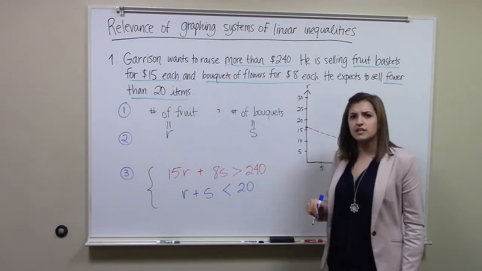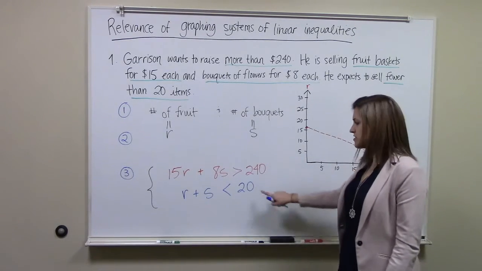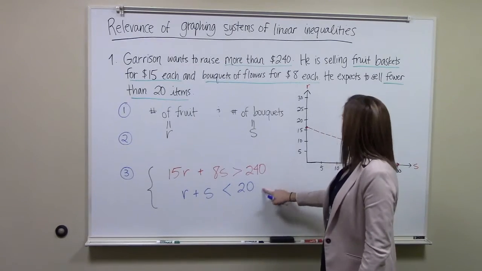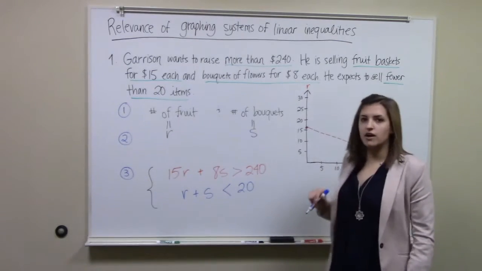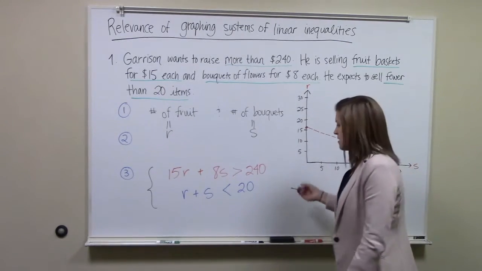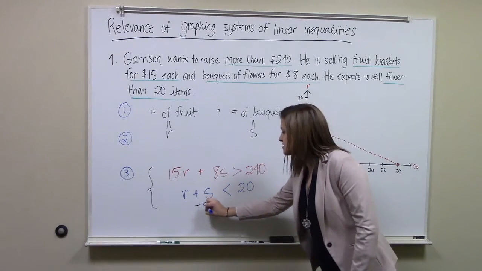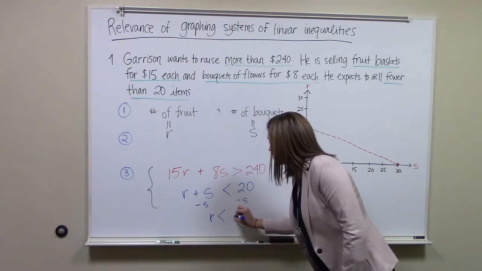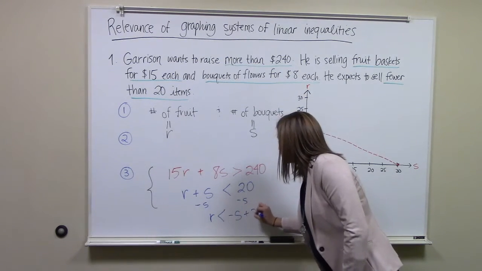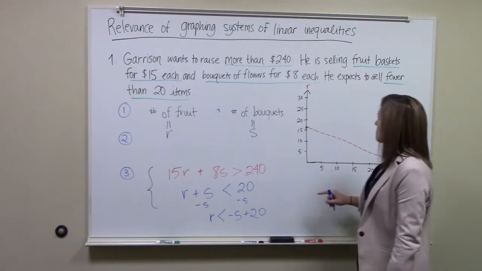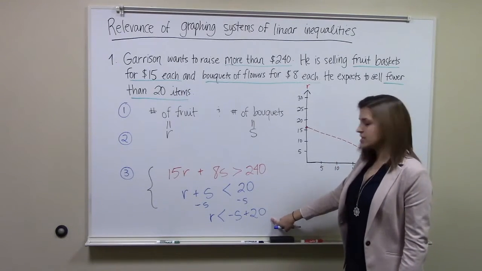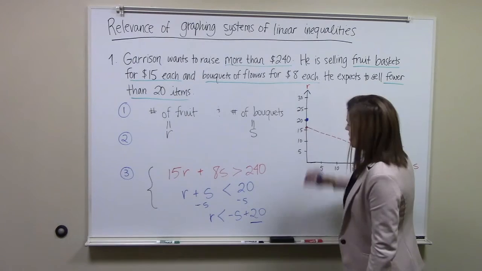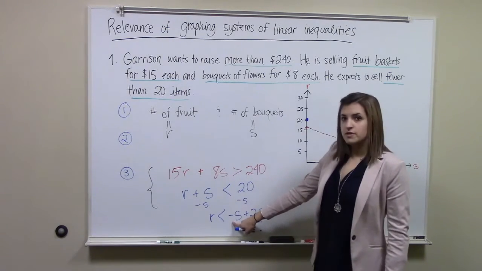And maybe I'll take the route this time where I convert this into slope-intercept form. So let's say we're going to use R as my sort of y here. So I'll subtract S from both sides, and I'll find that R is less than negative S plus 20, making my R-intercept 20, so I can find that on my graph, and my slope negative 1.